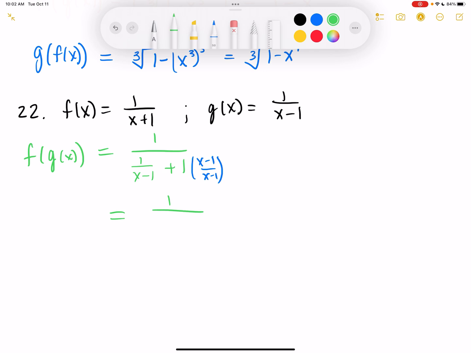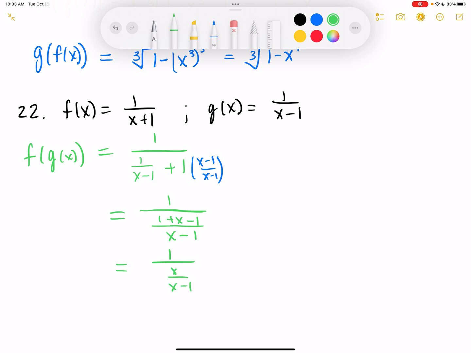So 1 over, or all over, well, here, we'll do this. The bottom is just going to be x minus 1. I know, because we're not done. So this would just be plus x minus 1. So this is 1 over x minus 1.